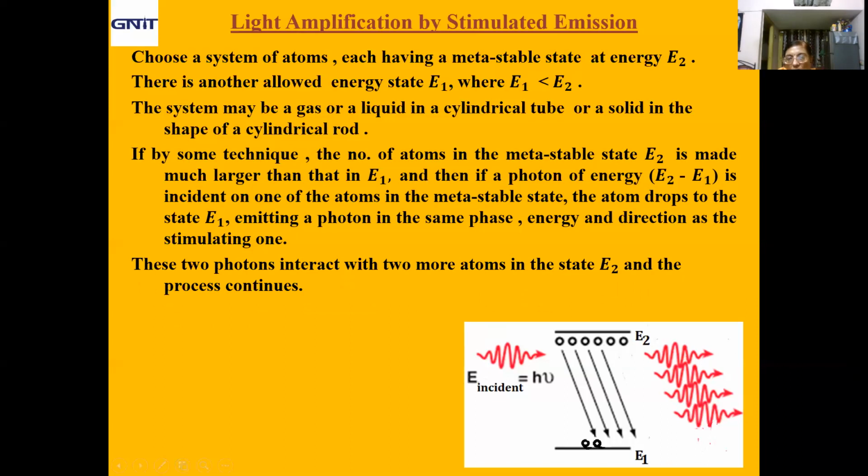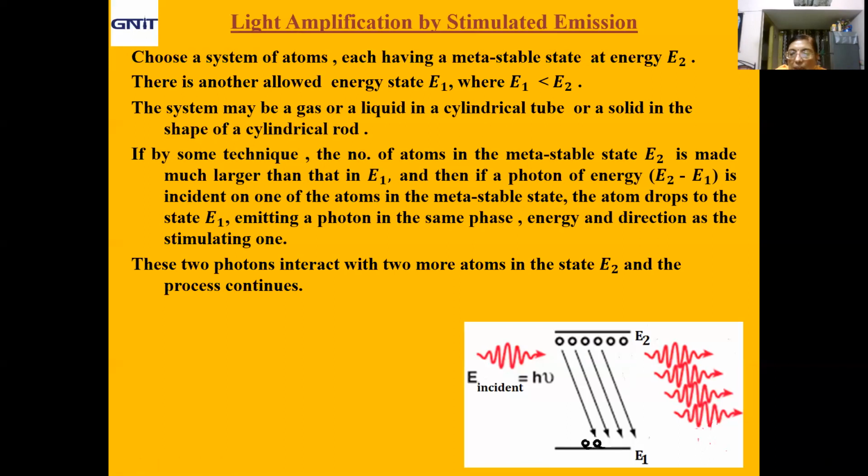These two photons, one is the stimulating photon, the other is the emitting photon. That means these two photons can interact with two more atoms in the higher energy state, provided the number of atoms in the higher energy state is maintained much larger than that in E1.